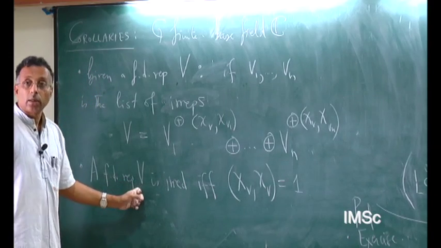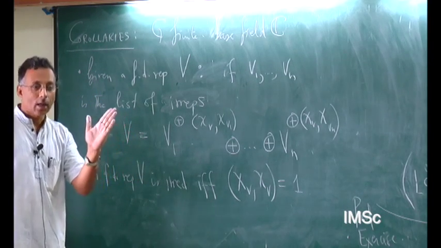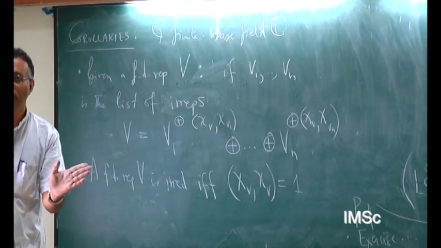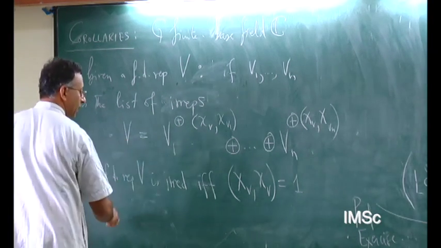if V were not irreducible, what would it mean? It is some integer times V1 plus some integer times V2, etc. Right? So, what is chi V by this?